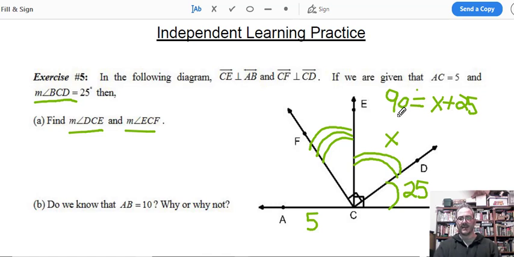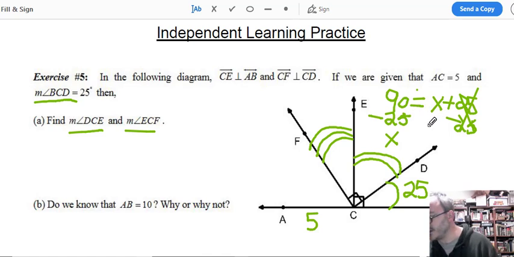Well, to find out what x is, I'm going to take 90 minus 25, right? I'm going to subtract 25 on this side to get rid of it, and subtract 25 on this side. And I'll get my answer.